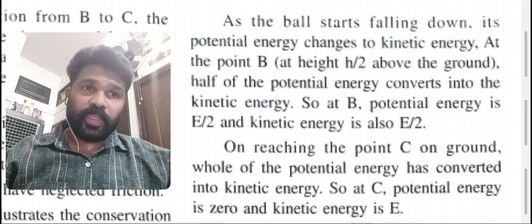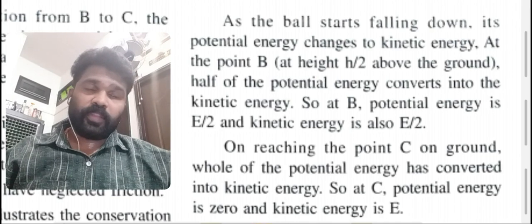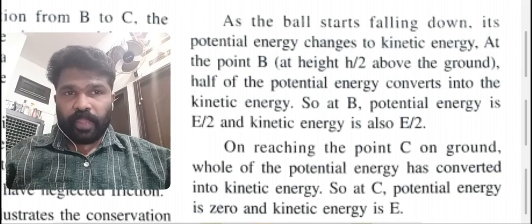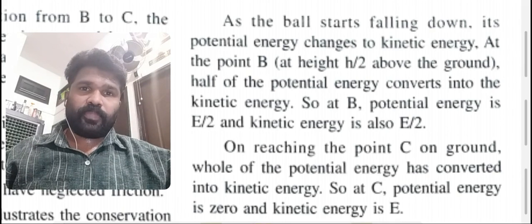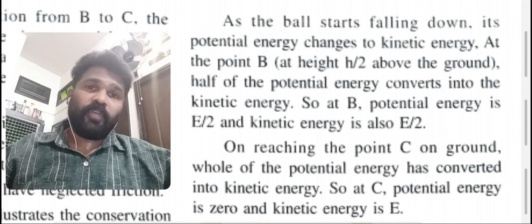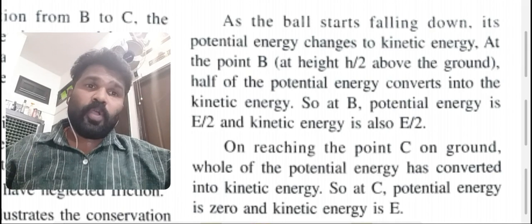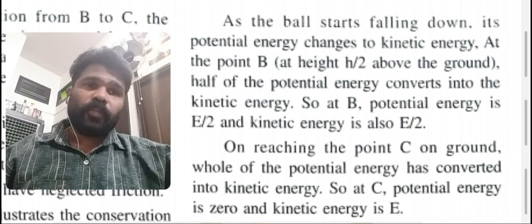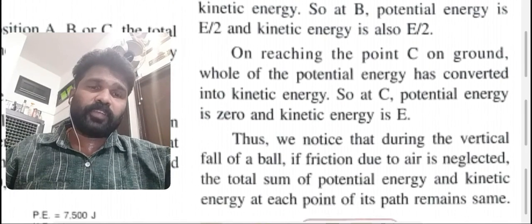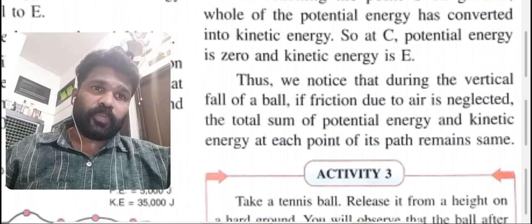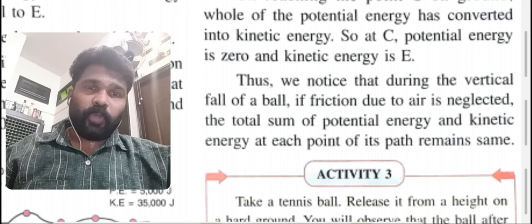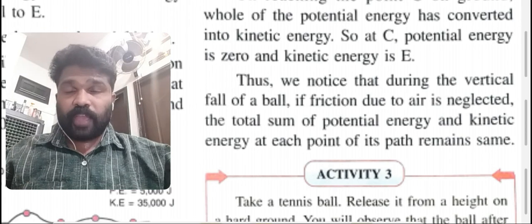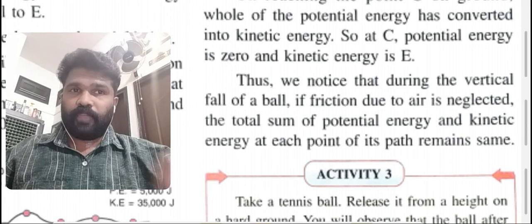So at B, potential energy is E by 2 and the kinetic energy also E by 2. Half of the distance is covered. On reaching the point C on the ground, the whole of the potential energy has converted into kinetic energy. So at C, potential energy is 0 and kinetic energy becomes E.